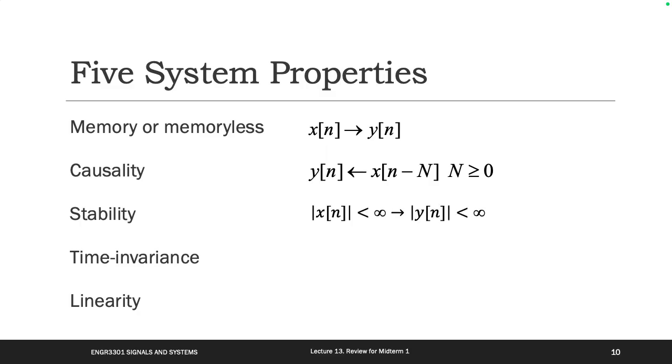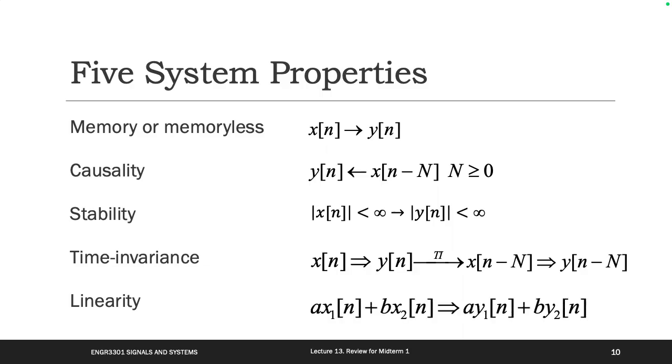Yeah, and stability means a bounded input results in a bounded output. And time invariance is that if your input results in an output, and your input after a shift gives the same shift for the output. Yeah, this is the time invariance.